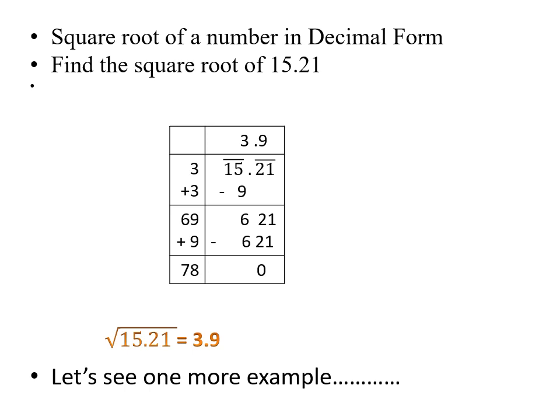At the quotient place you have to write 3. Now as 21 is after the decimal, in the quotient also we have to put the decimal after 3 because 21 is after the decimal point, and therefore square root of 15.21 equals 3.9. Let's see one more example.